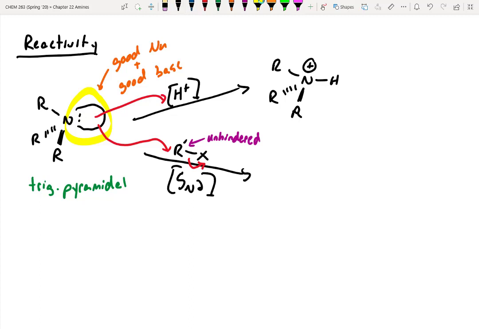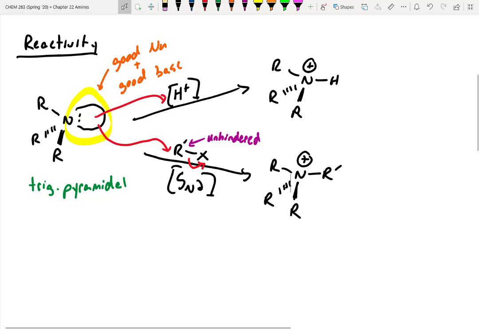Again, we can use this to make a variety of amines. However, as we'll see in a little bit, it's really hard to not overshoot, and so we often are stuck getting this quaternary ammonium salt. We can't just add in one group through the SN2 reaction. It kind of runs away from you there.